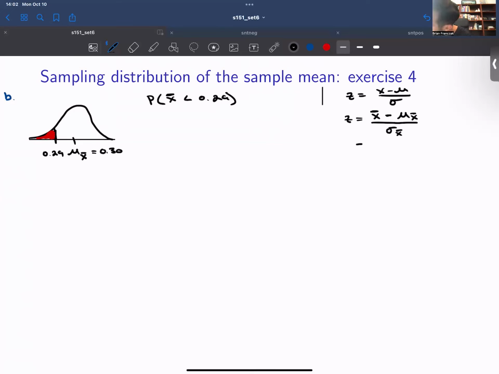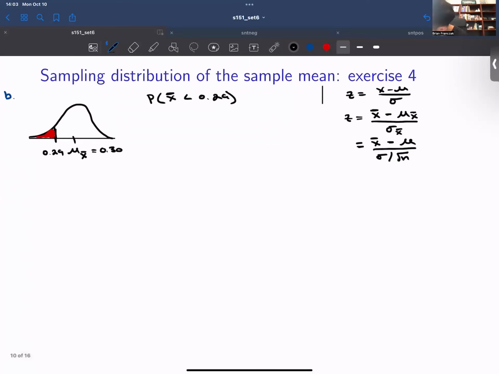Okay, so z is equal to x bar minus mu, because mu of x bar is equal to mu, divided by sigma over the square root of n, because sigma x bar is sigma over the square root of n. Okay, so we have z is equal to x bar minus 0.3 divided by 0.06 over the square root of 5 in this case, because this question is asking us the probability the mean substrate concentration is less than 0.29 when n equals 5. Okay.